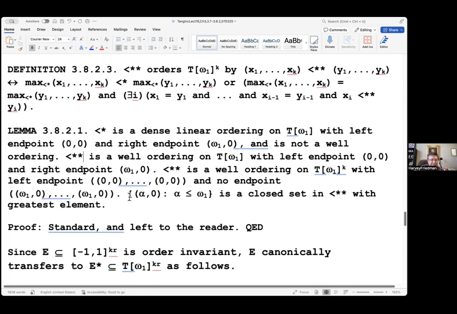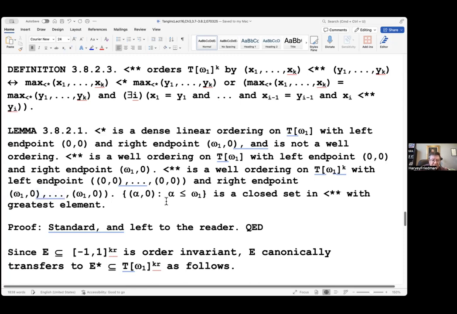Right endpoint, sorry, not no endpoint. Right endpoint, period. I'm saying something silly.